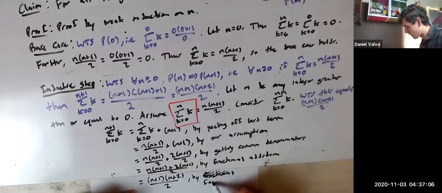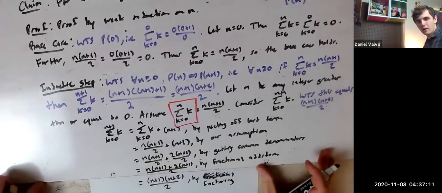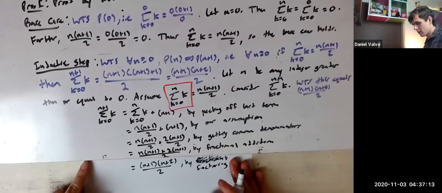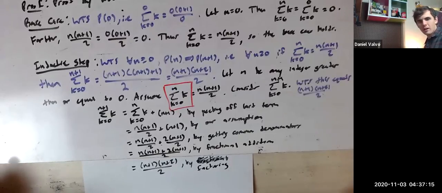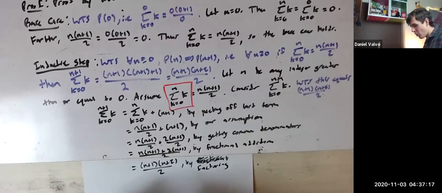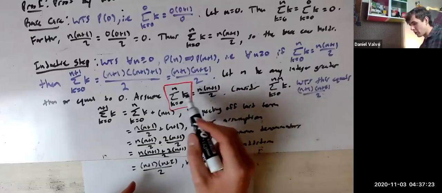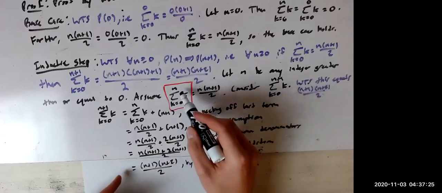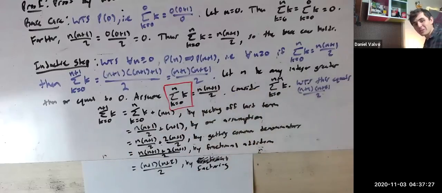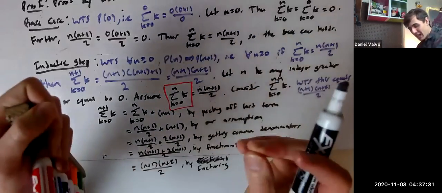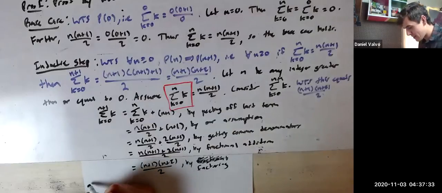By factoring, we have it. That's what we wanted to show. This means that if this formula is true for 0 to n, the formula will also hold from 0 to n plus 1. That's the link in our chain. That's the inductive step. So that brings us to the conclusion.